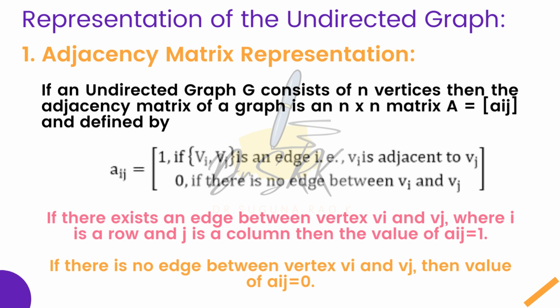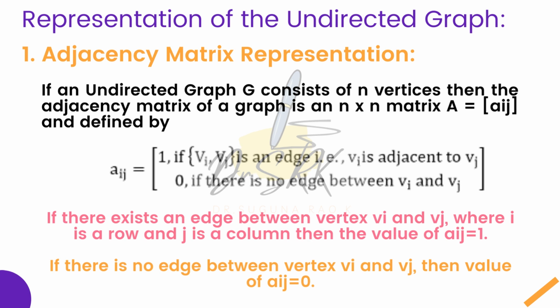What is the meaning of Vi is adjacent to Vj? Vi is connected to Vj, then we take the value 1. If there is no edge between Vi and Vj, then we take the value as 0.